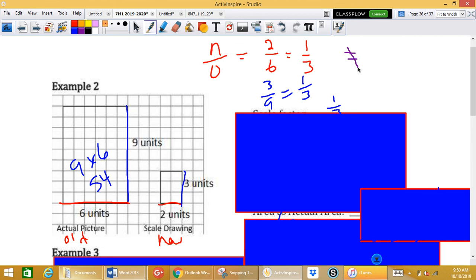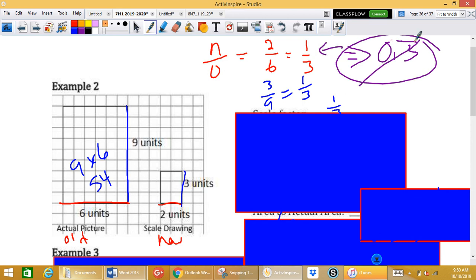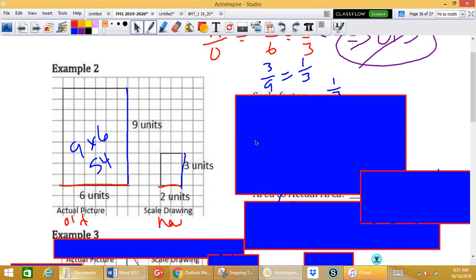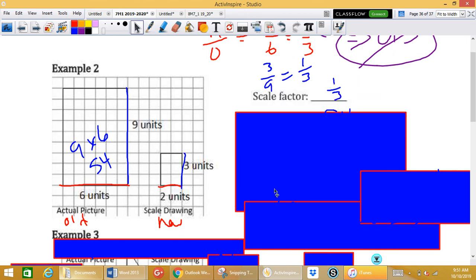We cannot allow this to be 0.3 repeating, because when we use that, it won't work out right. It's 0.3 repeating. Don't use this. You have to use the fraction. So our scale factor is 1/3.